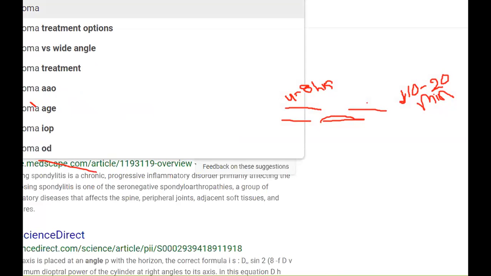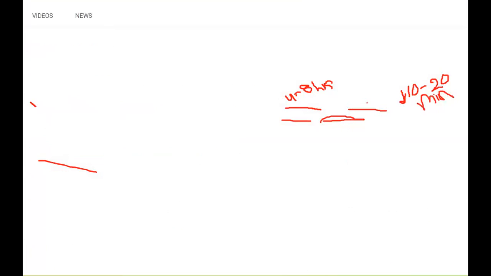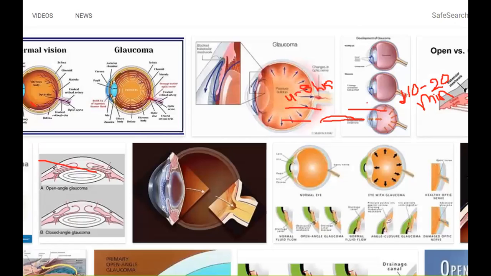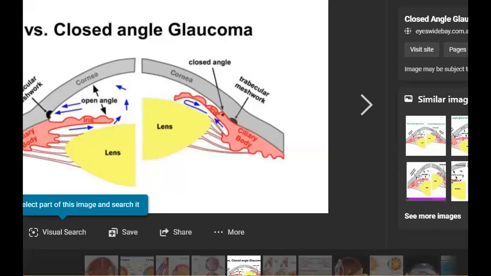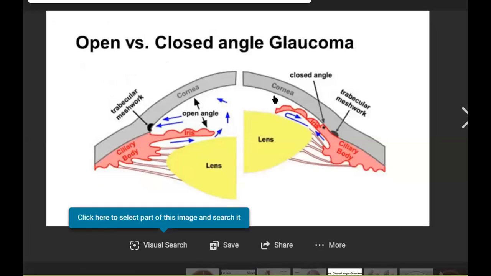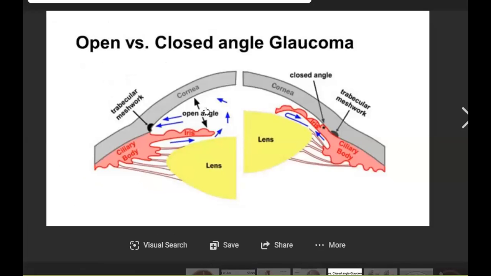I just want to show you the difference between open angle and closed angle glaucoma. This is a very good picture. So you see this is open versus closed angle glaucoma.